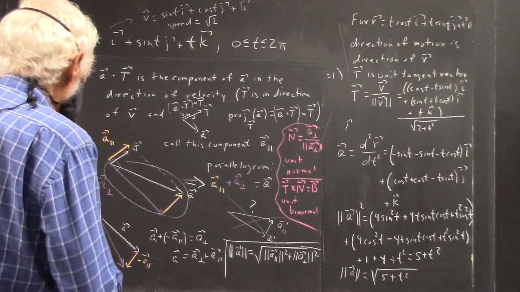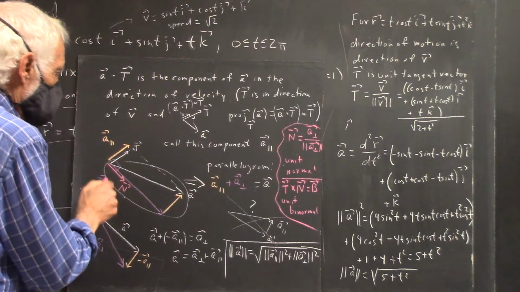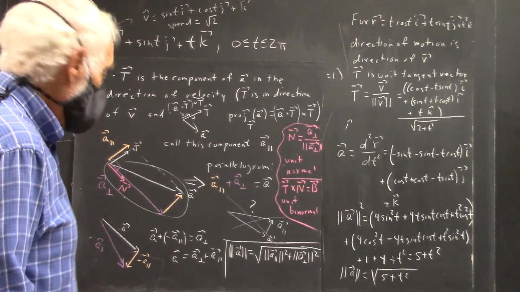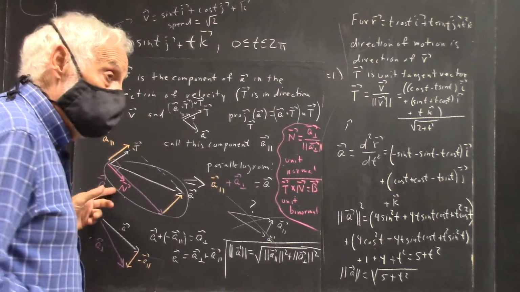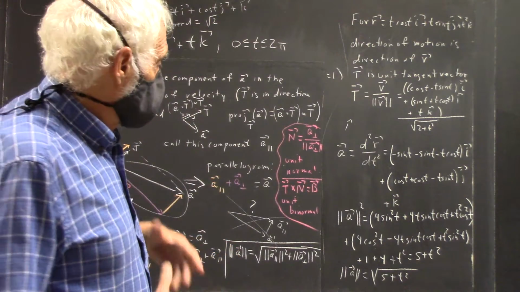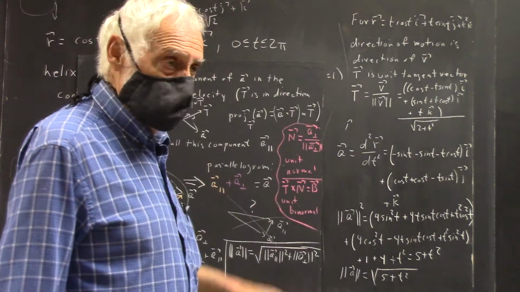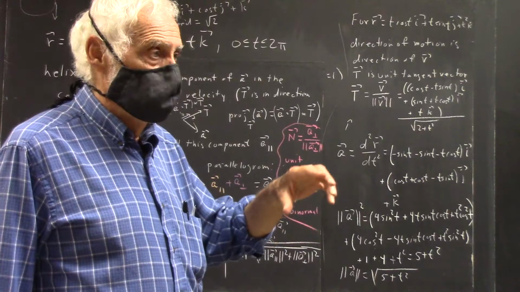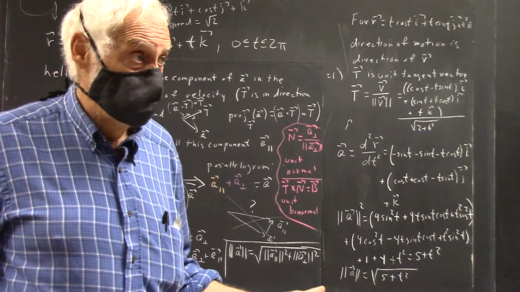Now N is going to be here. They're perpendicular, and they're both unit vectors. What's the magnitude of the vector you get when you do the cross product of two perpendicular unit vectors? Magnitude is going to be 1.